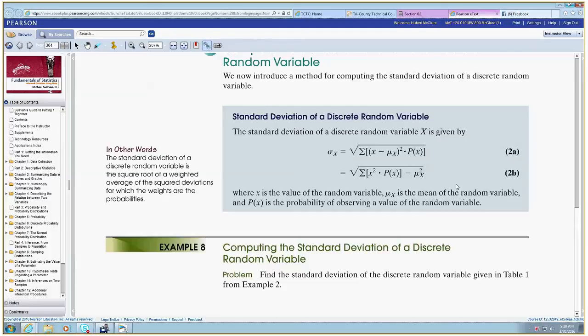X squared. So you need to make another column of x squared, and then after you make that column, what's the next column? Look at your x squared times p of x. Good. Read your formula. And then that's it. Then add those up. And then subtract the mean squared. Or you can meditate.